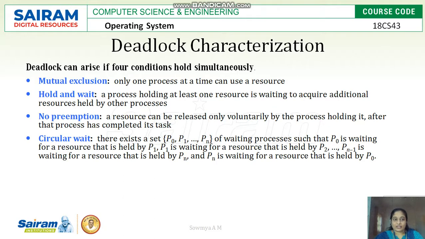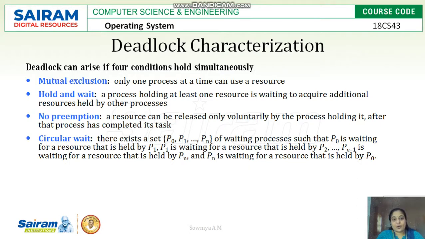The first condition is mutual exclusion. Only one process at a time can use those resources. Next is hold and wait.